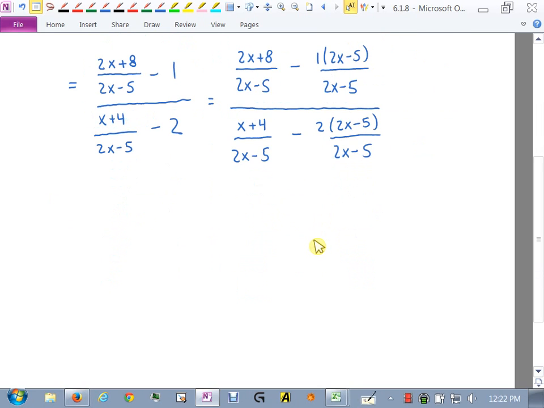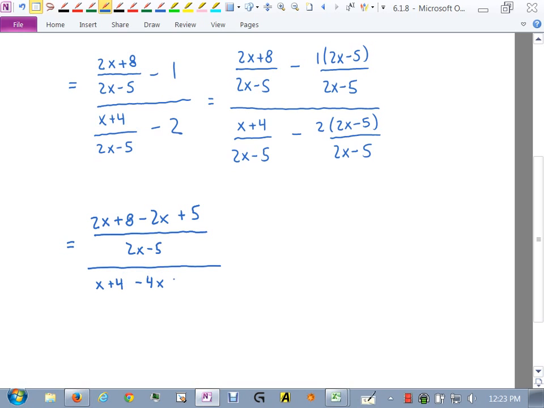This is exciting. All right, so 2x plus 8 minus 2x plus 5 over 2x minus 5 all over x plus 4 minus 4x plus 10 all over 2x minus 5.